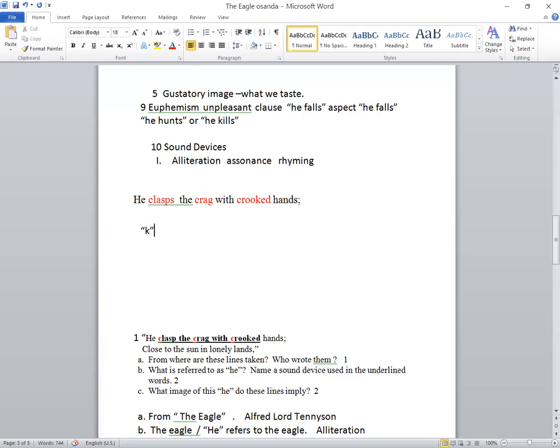English letters have a distinctive sound.